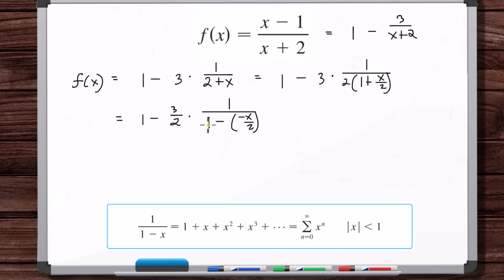It's pretty cool, right? We've gotten all the way to this point, and we haven't changed this function. If we say that this is like g of x, then this is g of minus x over 2.